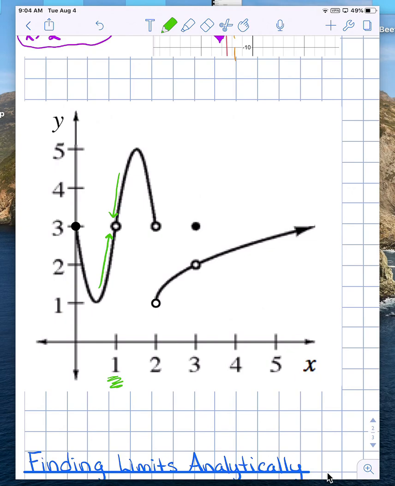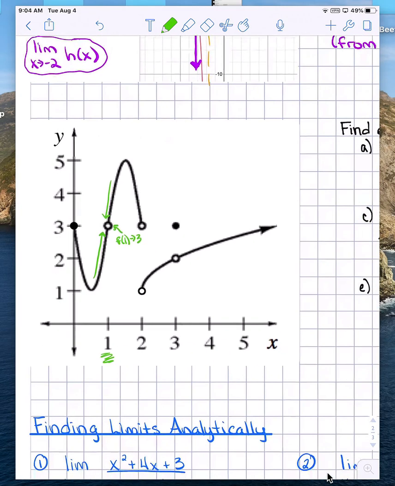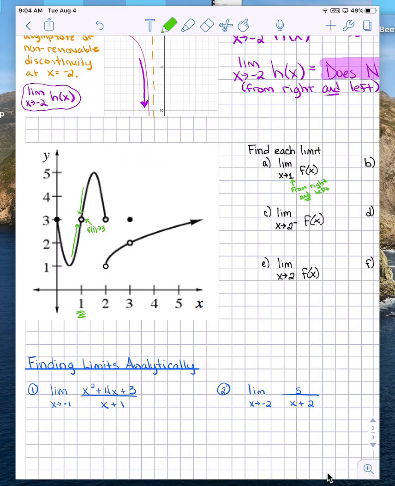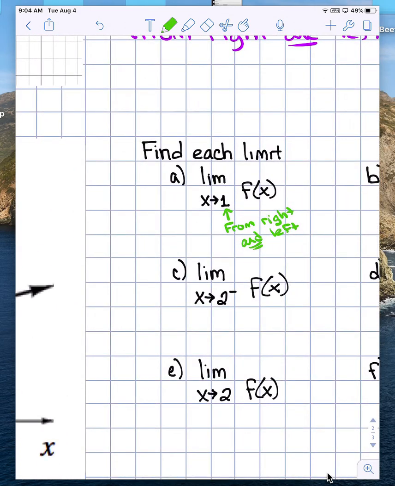So I can see that as x approaches 1, the y value of this function is 3. So f of x is approaching 3. That means this limit exists. Even though there's a hole there, the function is still approaching a y value, getting closer and closer to it. So as x approaches 1, this function is getting closer and closer to a y value of 3.